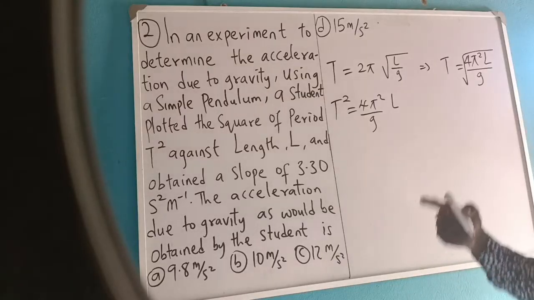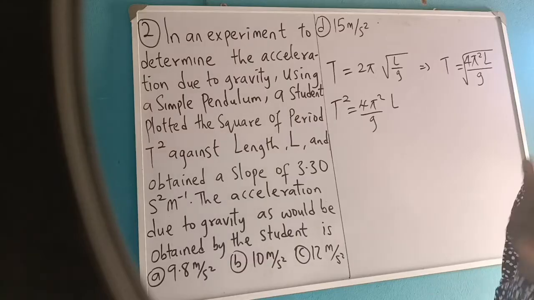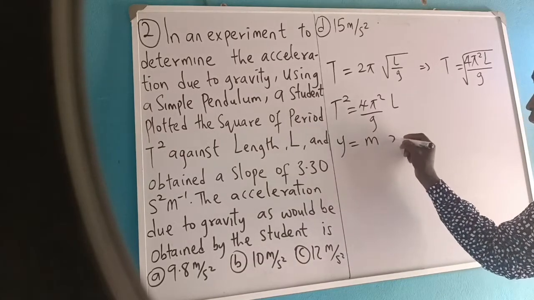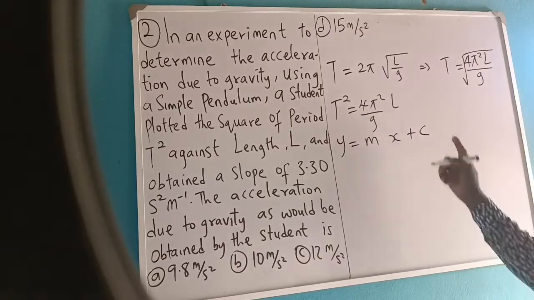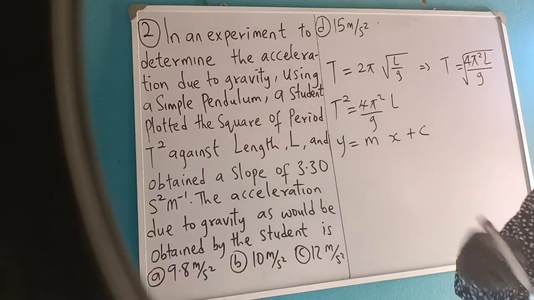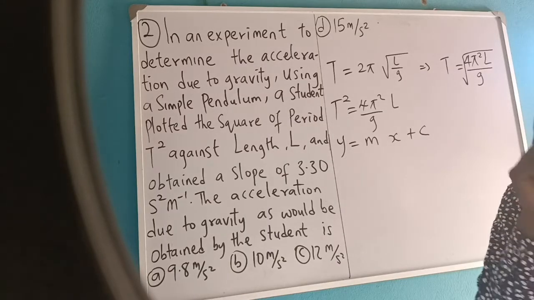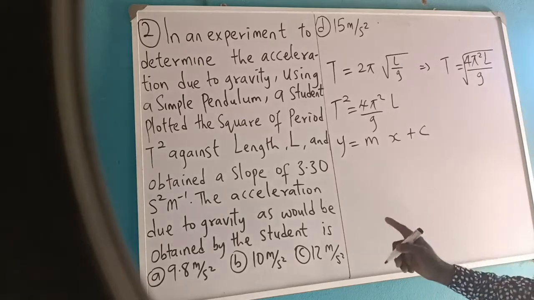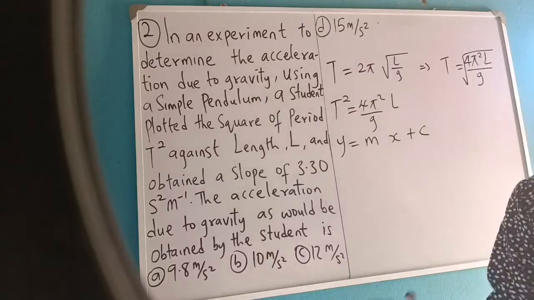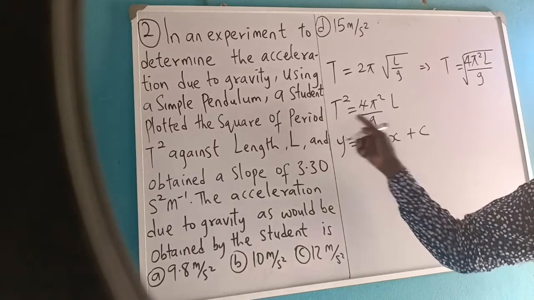Now compare it with the straight line equation. The equation of every straight line goes this way: y equals mx plus c, where c is the intercept on the vertical axis, which you call the y-axis. But it's not only y-axis, it's called the vertical axis, because that vertical axis can be labeled as y, it can be labeled as T square, it can be labeled with any parameter, depending on the parameter you are plotting.